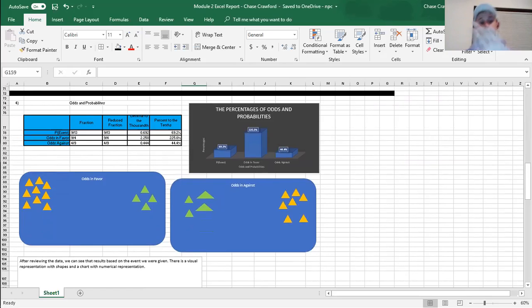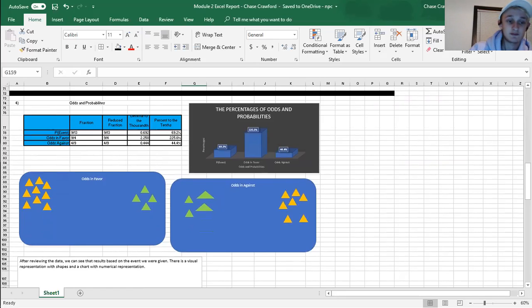Now, for people who like more of a visual, I put it down here in the bottom using triangles, and the orange ones are represented by the odds in favor, which if you look in the chart, it says 9 out of 4.